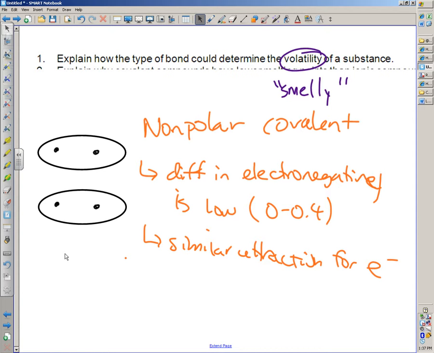Going back to the question, things that are volatile turn into a gas really easily. So if there's nothing to hold them together, that's generally telling us it's a non-polar covalent. Does that make sense?